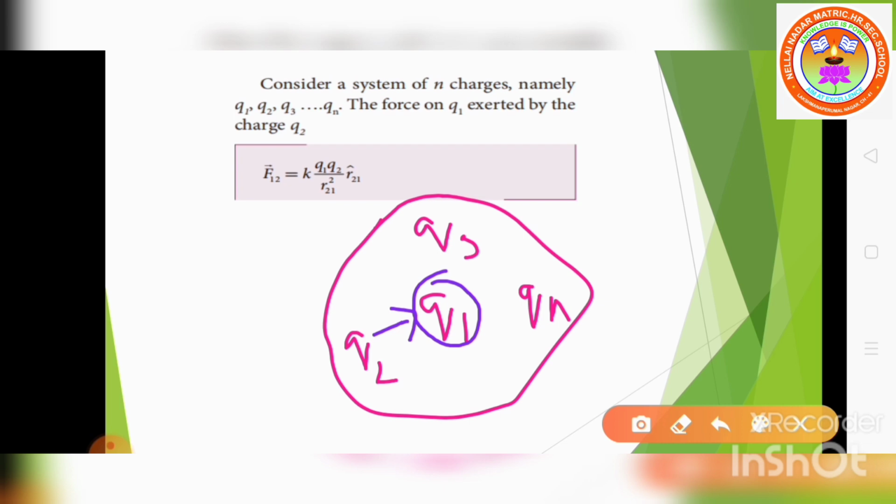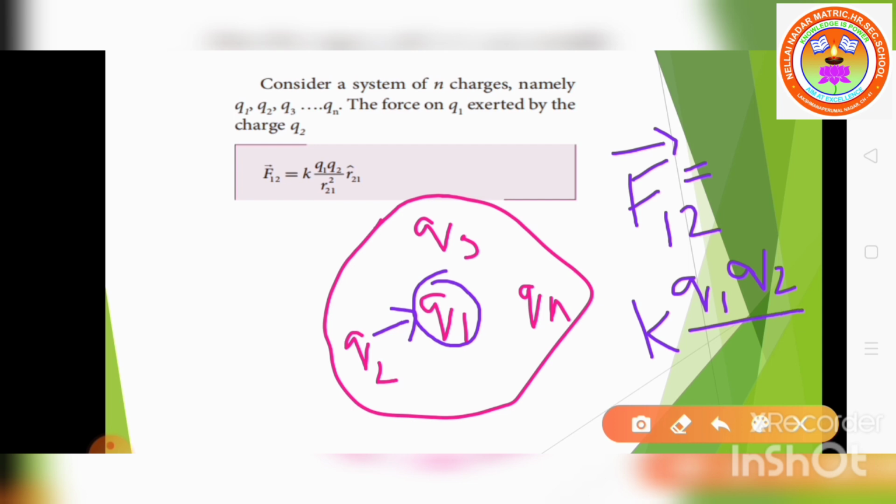How can we write the formula? The force on Q1 by the charge Q2, F12 vector, is equal to K into Q1 and Q2, divided by, and here see the direction.